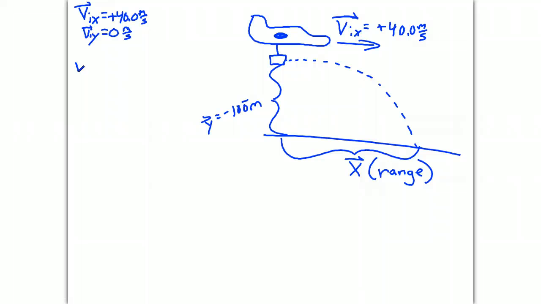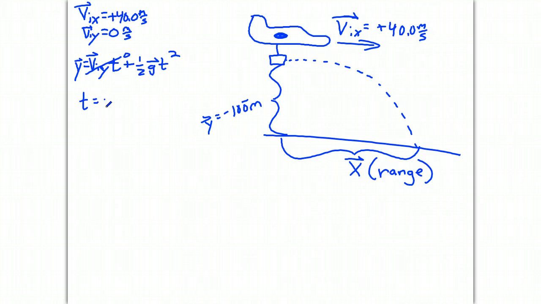Let's use the equation y equals VIY t plus 1/2 g t squared. We know that the initial velocity is 0.